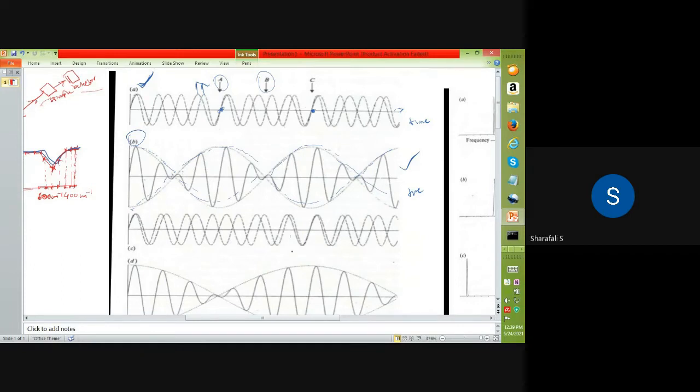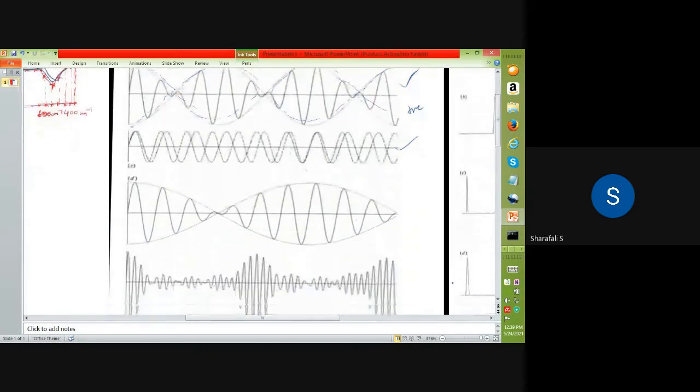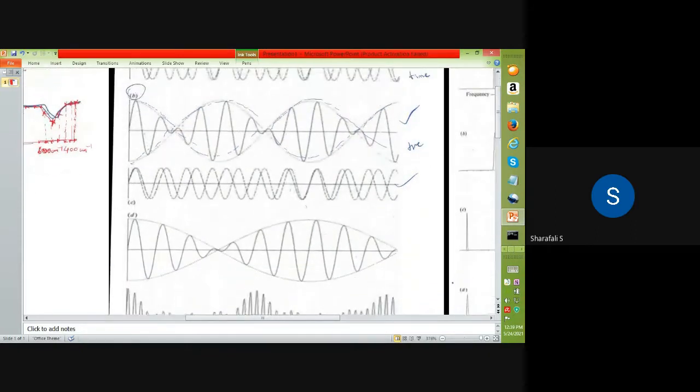If you consider another two waves with a different phase difference, here we are considering half the phase difference, then our beat frequency also will get halved. You can see we will be getting half of that.